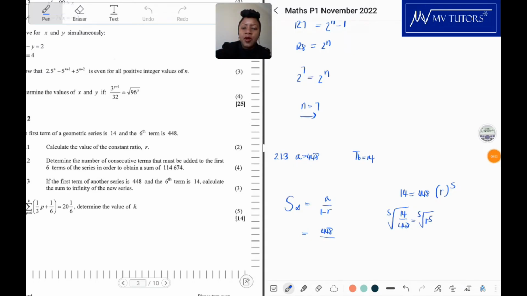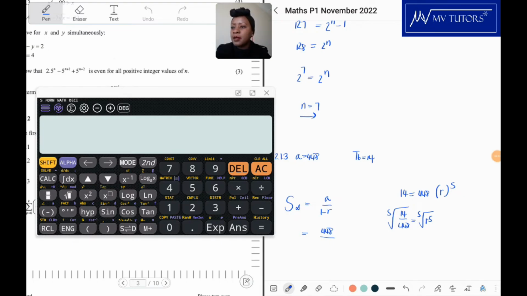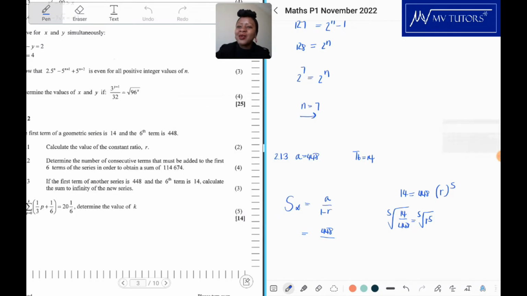Alright, so let us work it out. Let's start again. We have 5, and we start with our fraction, 14 over 448, and that is 0.5. Okay, it makes sense. The last time we calculated, r was 2. This is the inverse, so r is equal to a half.